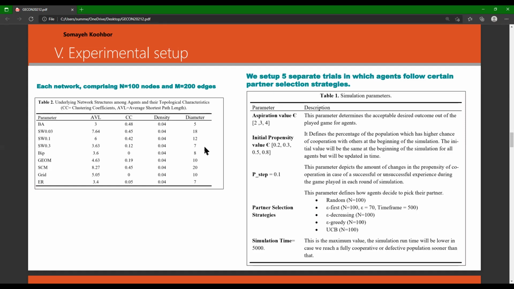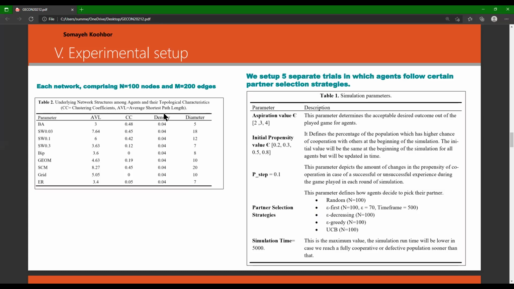They are different in the sense that in some of them you can observe a very long diameter. The network itself is very long, and there's a huge distance from one node to reach other nodes in the network. And also sometimes you see clustering coefficients, so you see groups of clusters among the individuals.